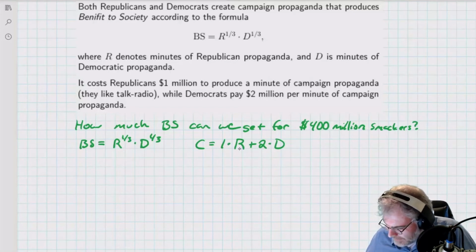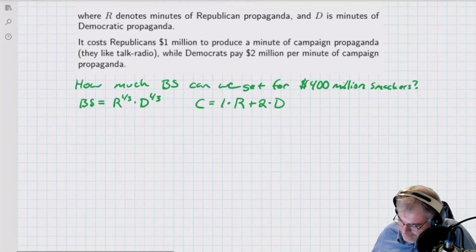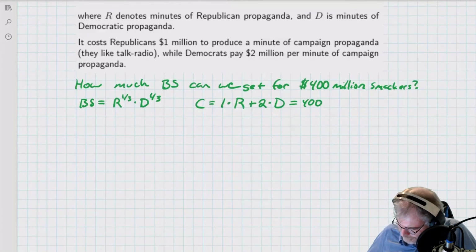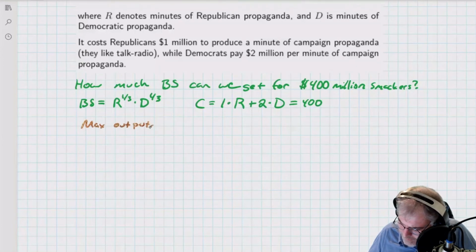So, I've got this type of idea here. And I know that this is going to equal 400 million. Okay. So what I'm trying to do here is I'm trying to maximize output with fixed cost or subject to some cost.